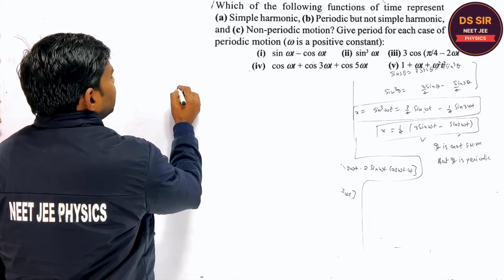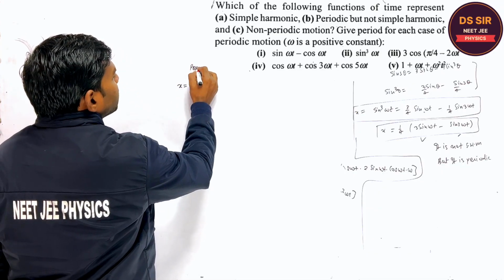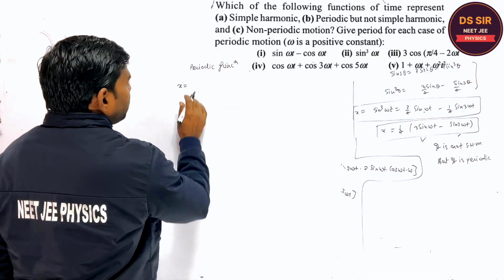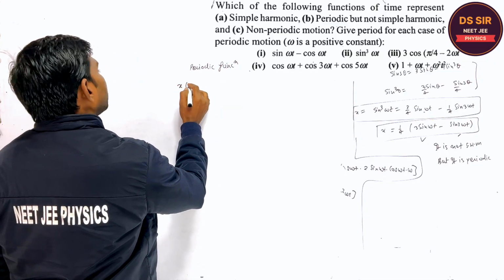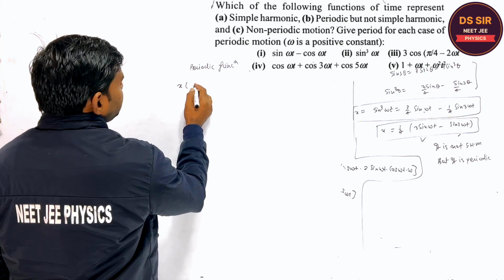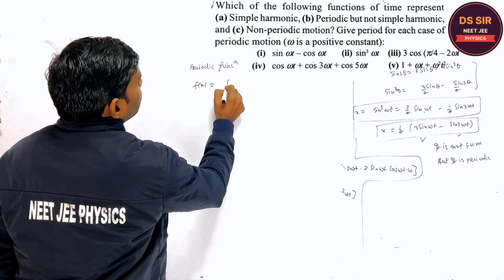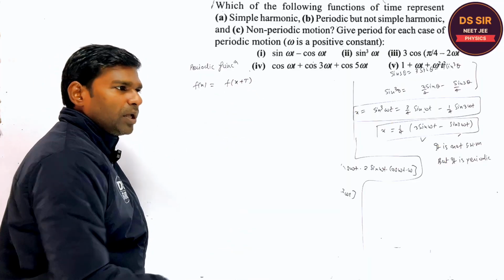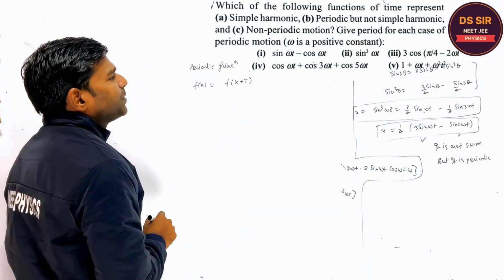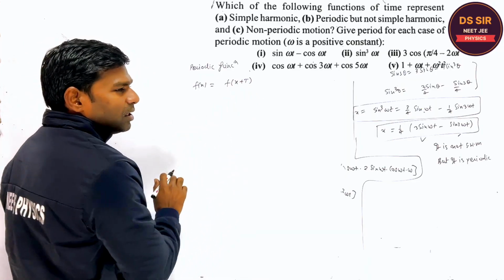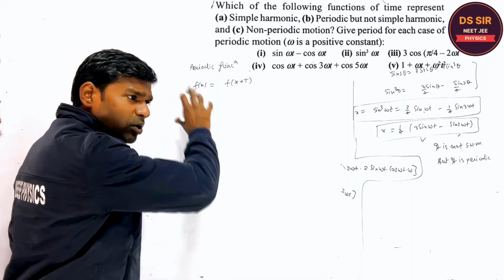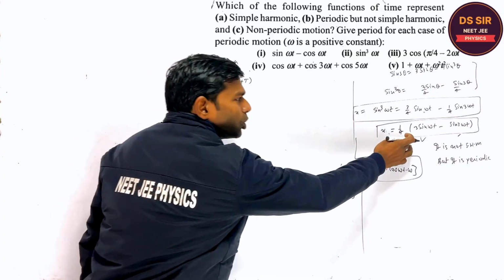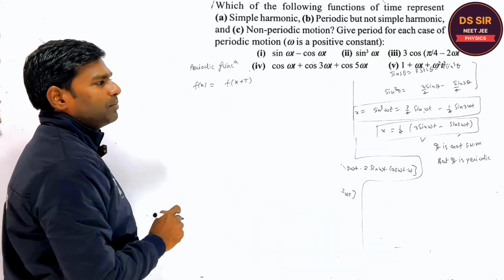Listen one thing. What is a periodic function? In mathematics, a periodic function is a function where f(x) is equal to f(x plus T). If the values of f(x) and f(x plus T) are both equal, the function is periodic, and this T is called the time period. There is a big theory in mathematics you will study, where trigonometric functions will also come.